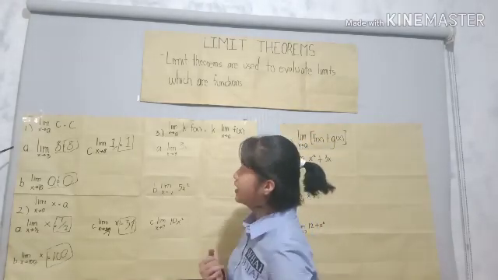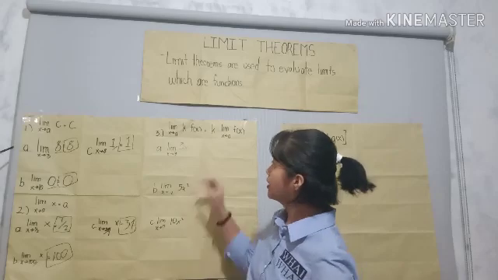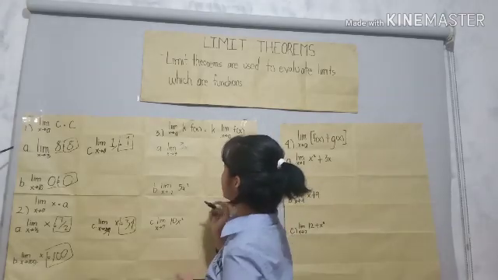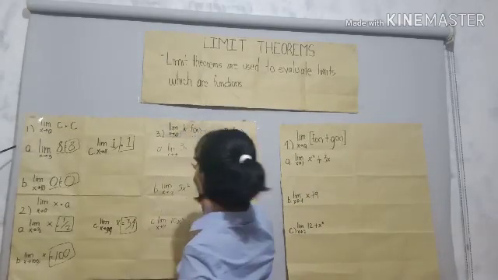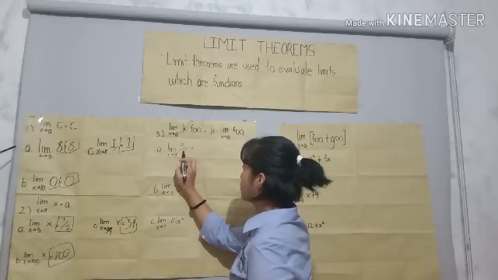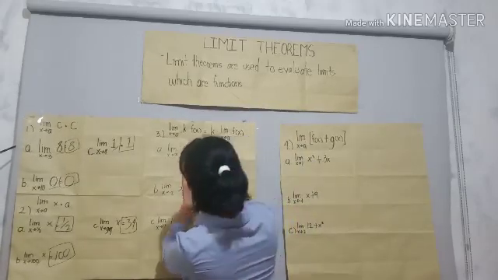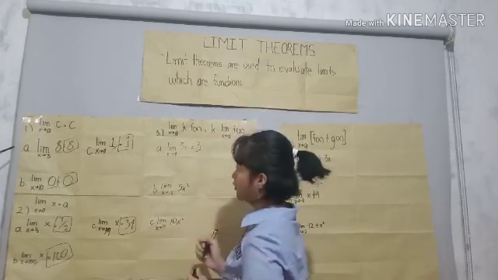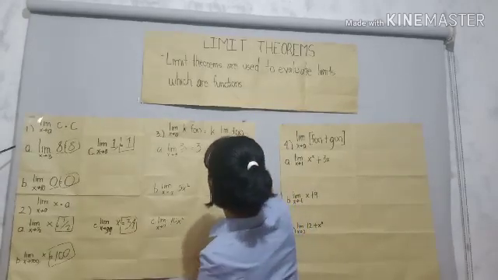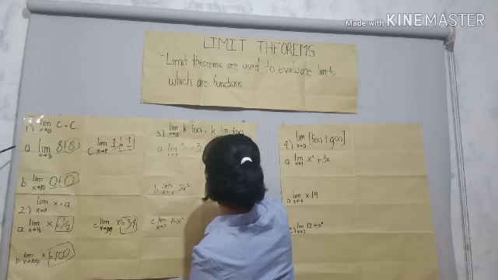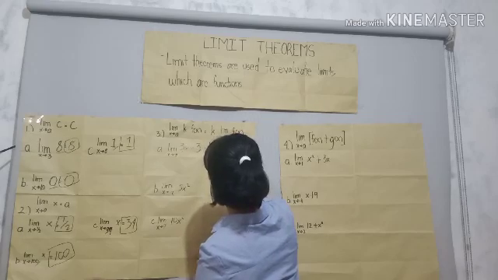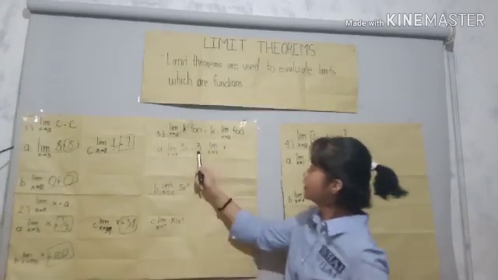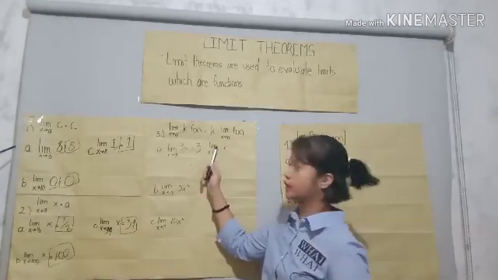We'll apply the first theorem and the second theorem in the third theorem. First, you need to identify what the constant is, and here it is the number 3. So you write 3 and multiply it by the function, and the function is x. This is the constant and this is the function.